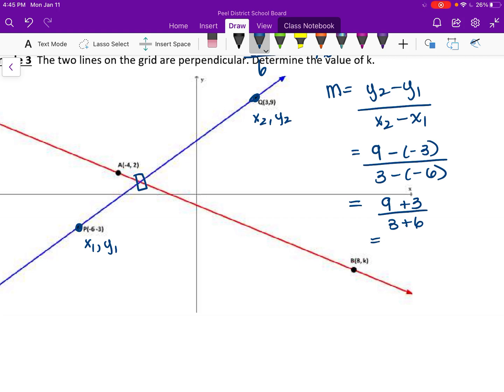So I know I have 12 over 9. And I know I can reduce that to 4 over 3. So if I know the slope to that blue line, and I know that the orange one is perpendicular, what I can say about the slope of the orange one is you flip the fraction, so you make it 3 over 4. And since it was a positive, you change the sign to negative.